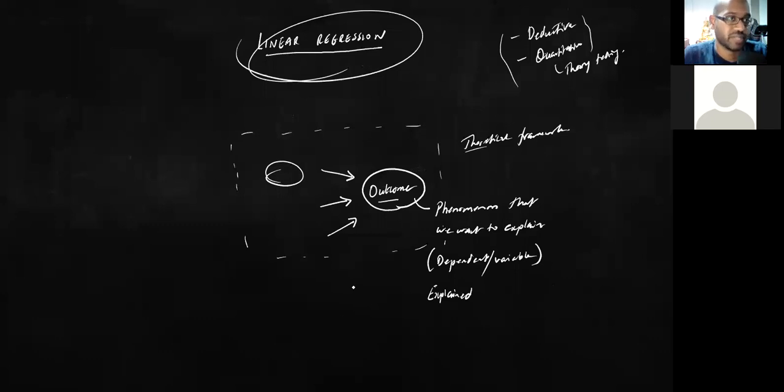Very importantly, we have an outcome which we want to explain, and we explain it using a set of other concepts. It could be 1, 2, or 3. In its simplest form, it could be only 1, but it could be 2 or 3. Different concepts which allow us to explain and predict that particular outcome.